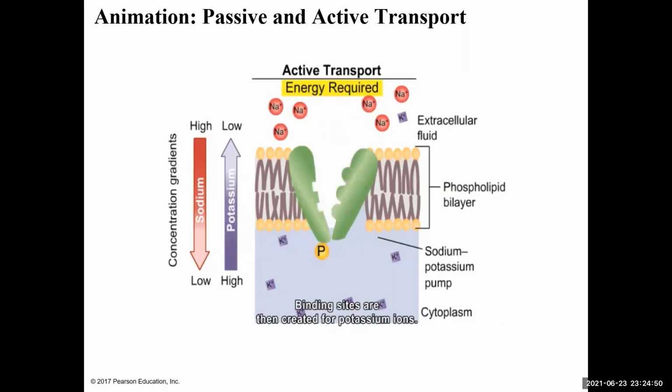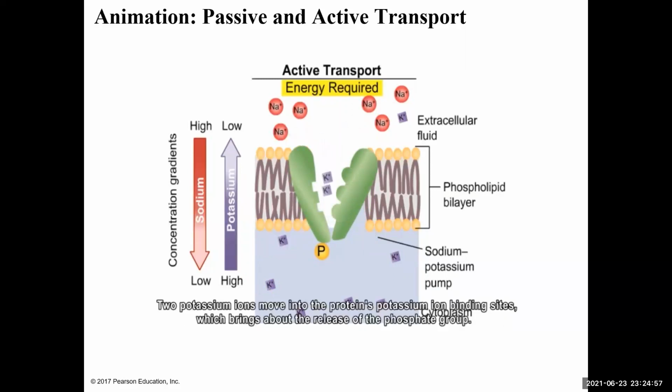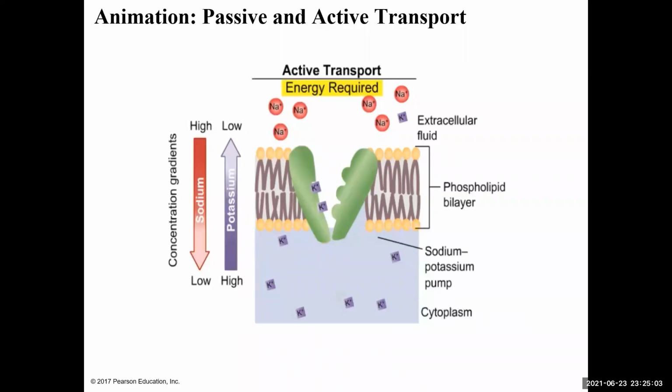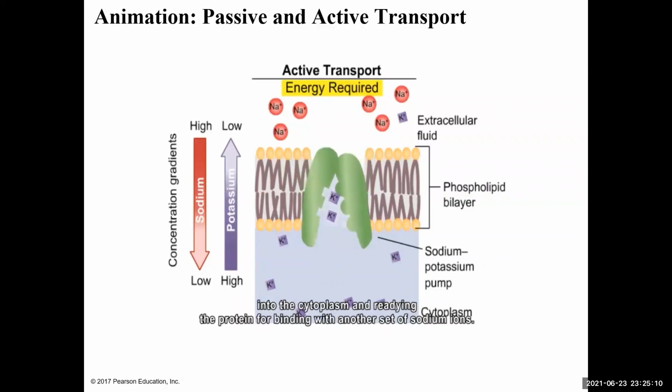Binding sites are then created for potassium ions. 2 potassium ions move into the protein's potassium ion binding sites, which brings about the release of the phosphate group. This loss returns the protein to its original shape, releasing the potassium ions into the cytoplasm and readying the protein for binding with another set of sodium ions.